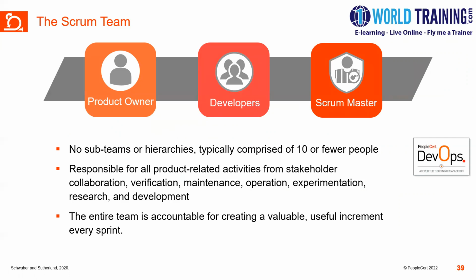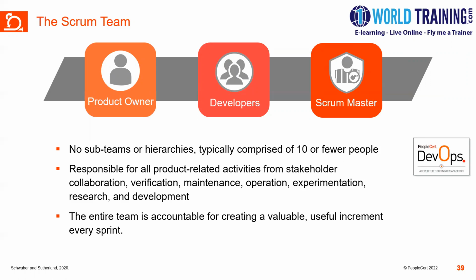The typical size of a Scrum team is around 10 people or less. If there are more people, it cannot be a Scrum team for sure. The maximum size is around 10, and there can be fewer people as well. The ideal team size is around 6 to 8 people in a Scrum team.